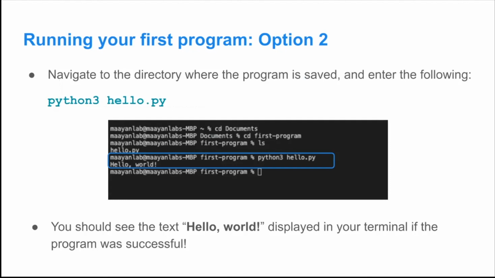Here I'm using the cd command and then the ls command to show that I have this hello.py file in this first program folder. Then, in order to run the file, you can type python3 and then the name of your file, and it'll run that file. You'll see that it prints hello world if the Python file was successfully run.